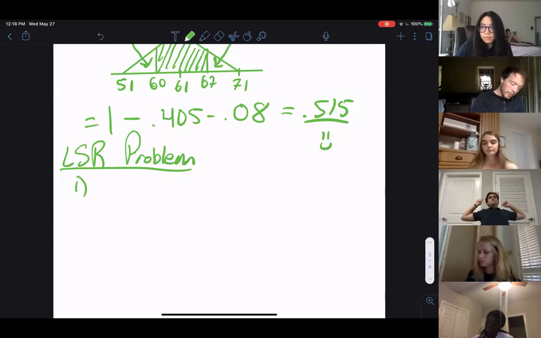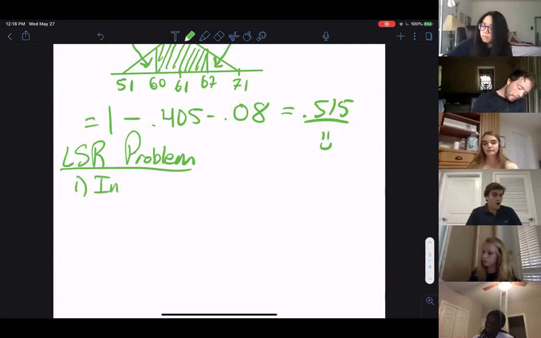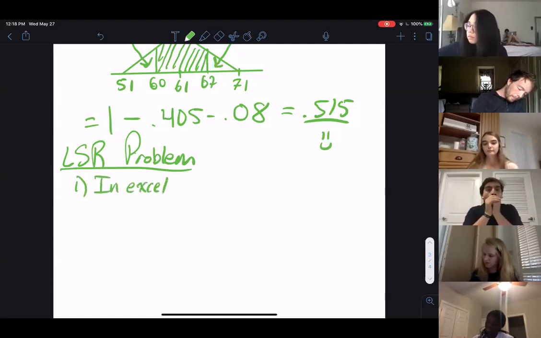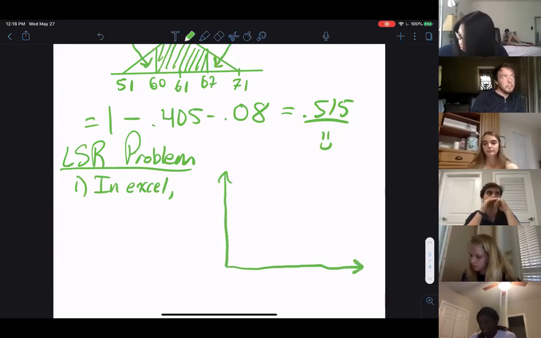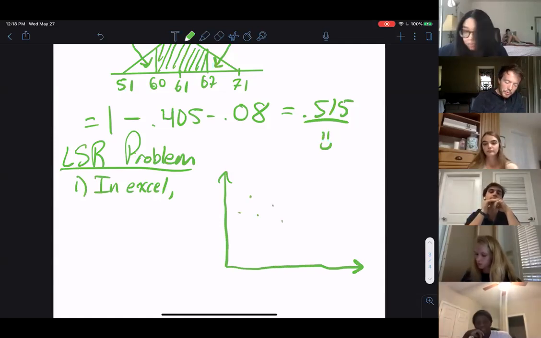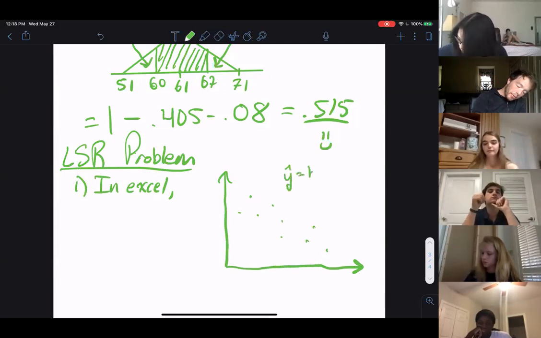The first point is that in Excel, you can build a scatter plot, which I taught us how to do. What's the trend? For some people, it was positive or negative, so I'll choose a negative trend, right? And you can have the scatter plot give you the least squares equation and r squared.